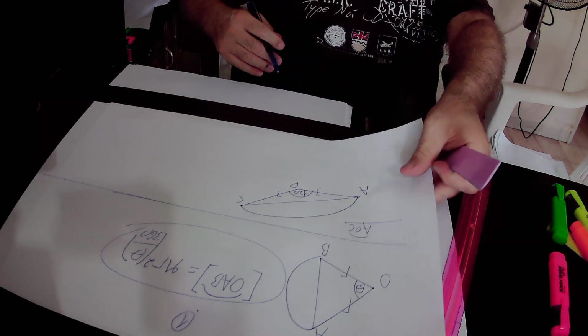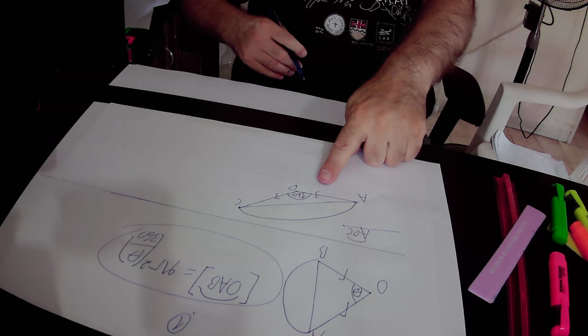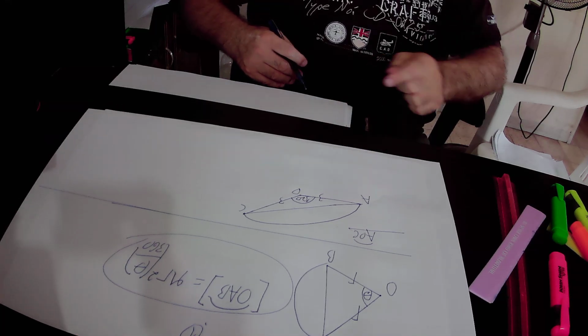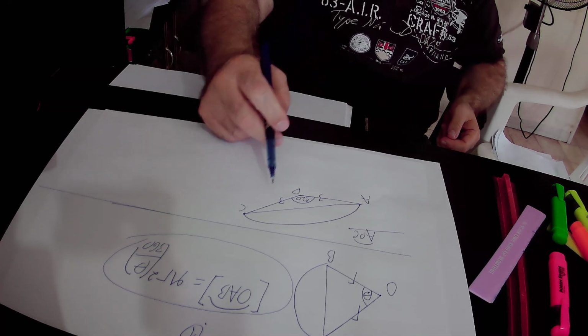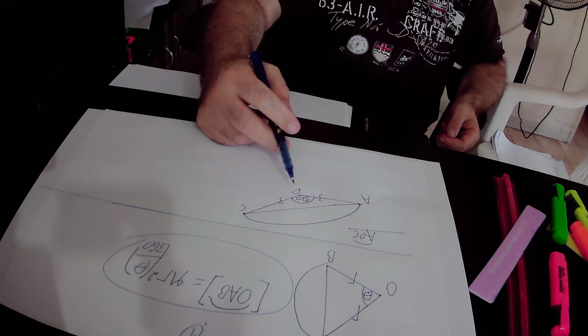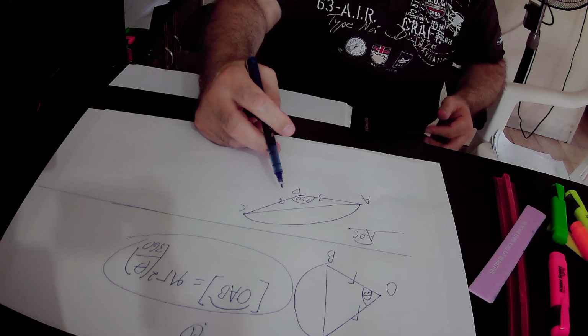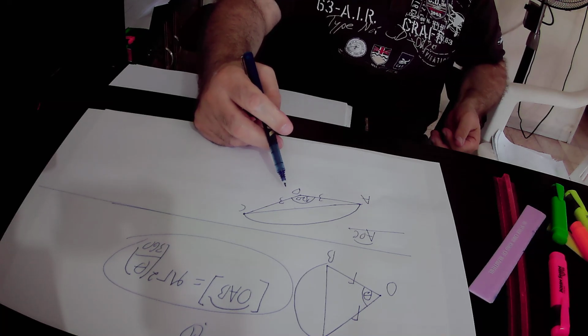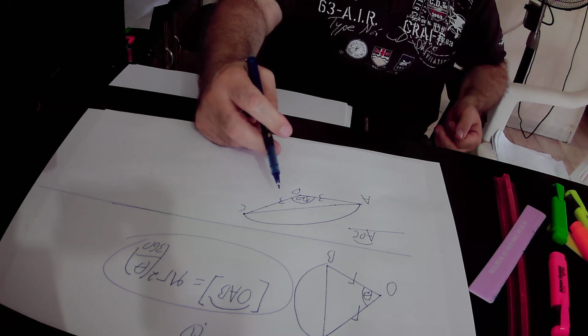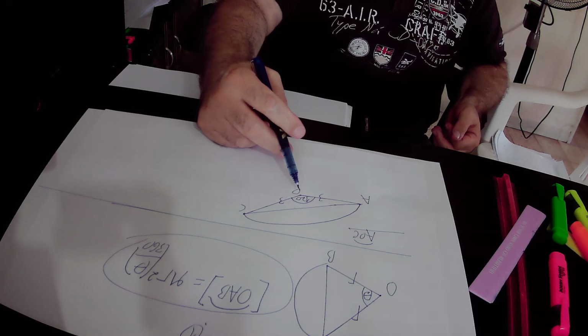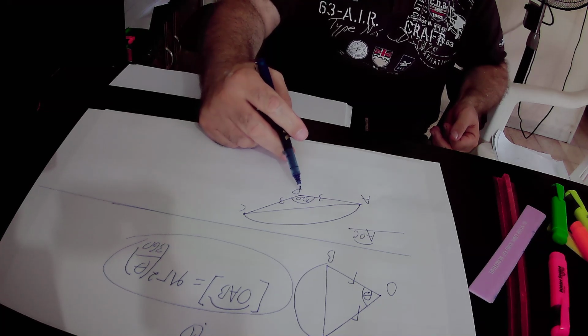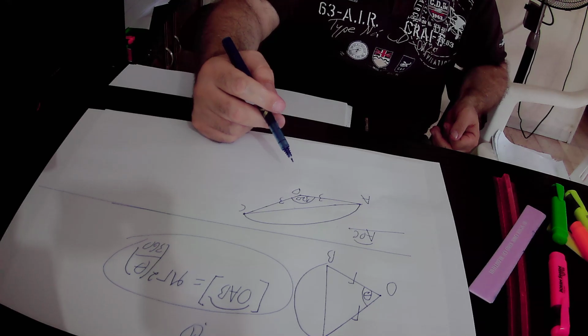This is sector AOC that I copied from the original drawing. Each leg of sector AOC equals 3 units. It is actually the radius of the semicircle that contains this sector. The angle between the legs of the sector, theta, equals 120 degrees.